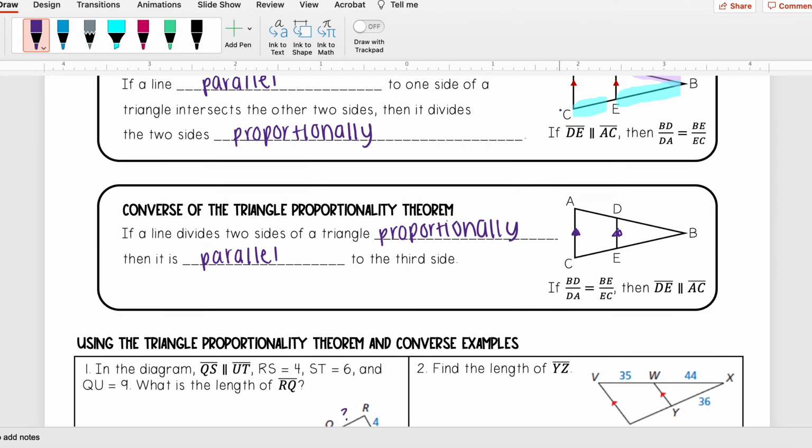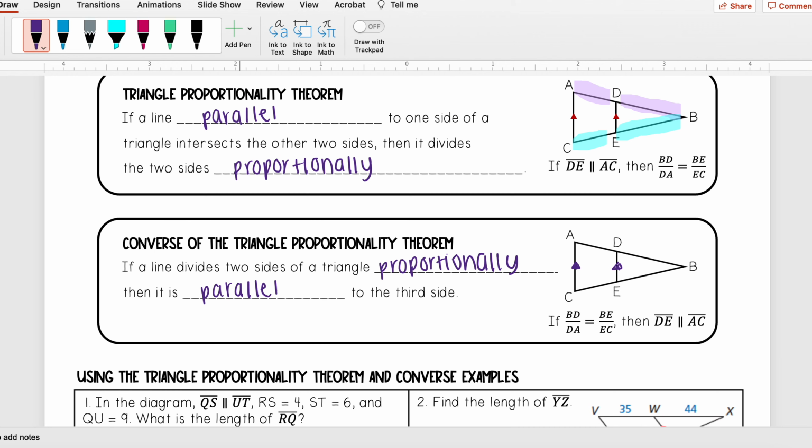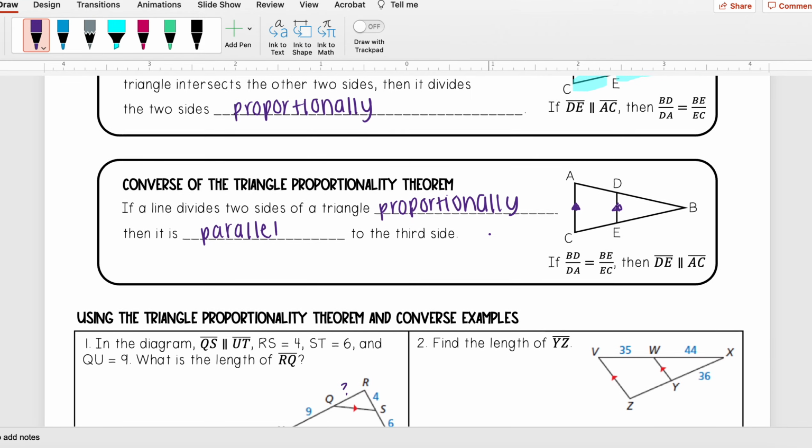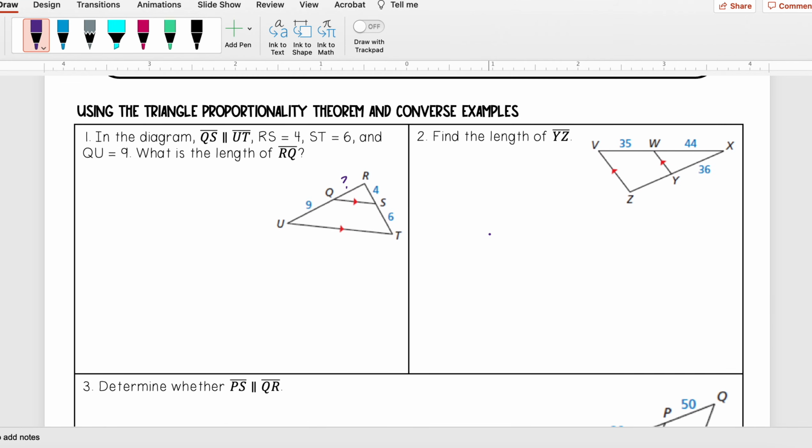Well, we know from our theorem that since this line is parallel to that third side, it divides the two sides proportionally. And so I'm going to take the one side and split it and put it in a proportion and set equal to the other. I'm trying to find RQ, so I see that side with RQ.